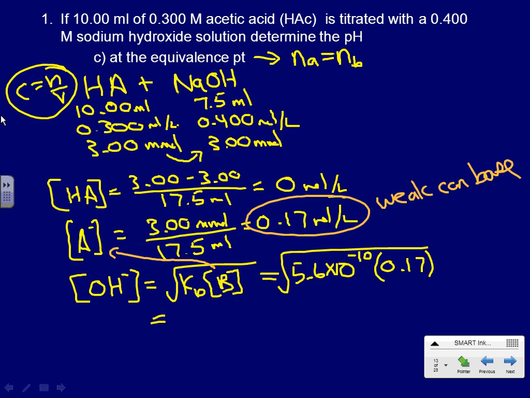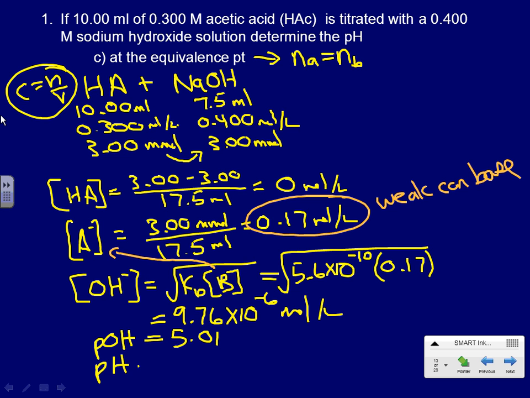And that's going to get me 9.76 times 10 to the negative 6 moles per liter, which I will then turn into a pOH of 5.01 and a pH of 8.99. All right, what does this mean here?